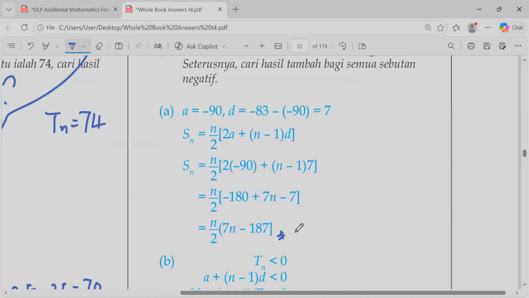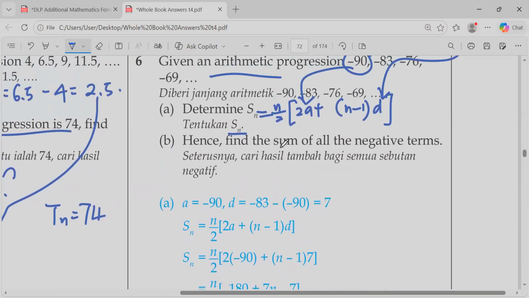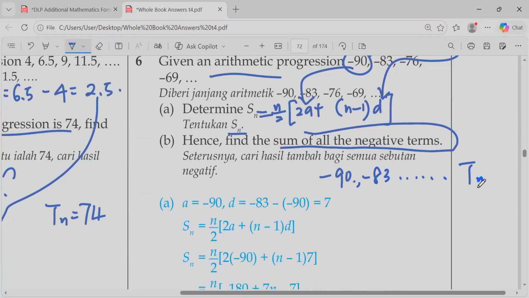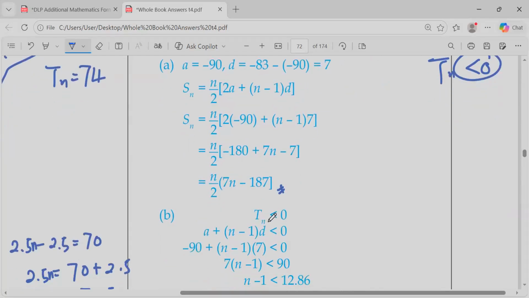Okay? After you expand it, find the question, find the sum of all the terms that are negative. So you need to find out when the last term is still negative. Okay, so you just substitute a plus n minus 1 d. a is negative 90. d is, sorry, 7 only.